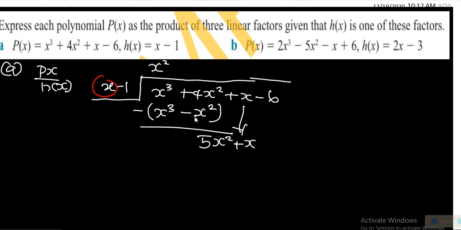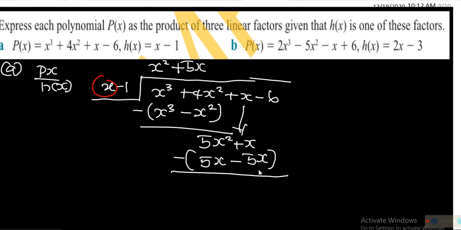So x in 5x squared we have plus 5x, and if you multiply you have 5x squared minus 5x. If you subtract that, minus times minus is plus, 5x plus 1x, we have 6x. If you bring down minus 6, there we have x in 6x, we have plus 6, x times 6, we have 6x minus 6, and if you subtract that, you have 0.